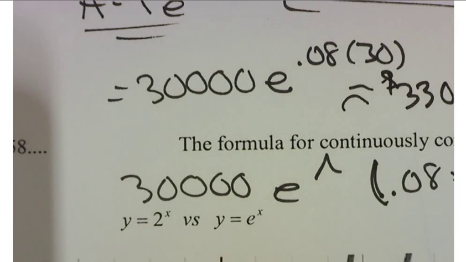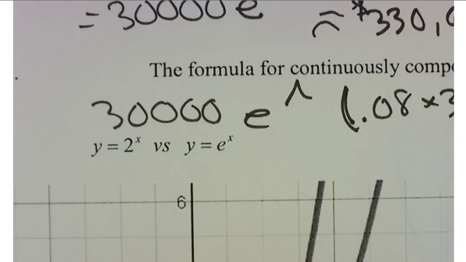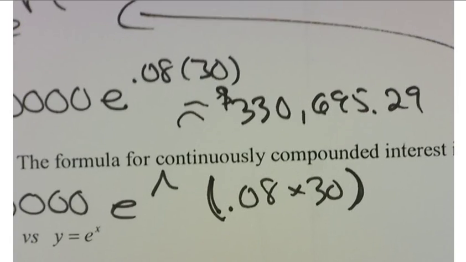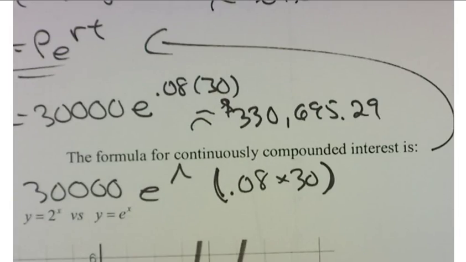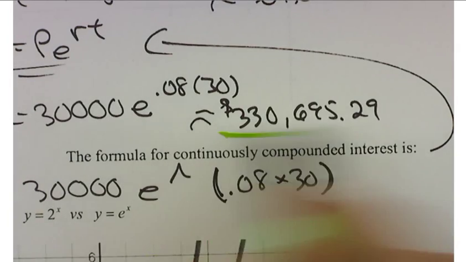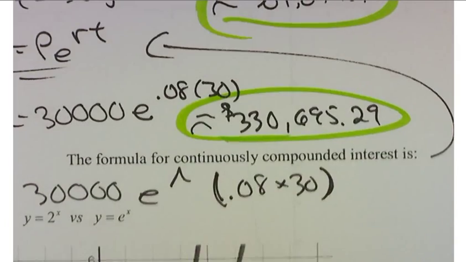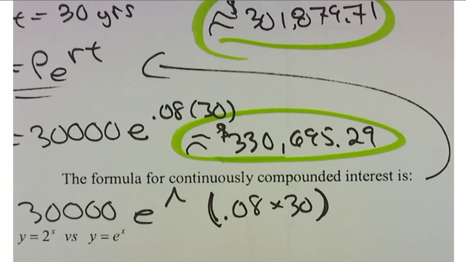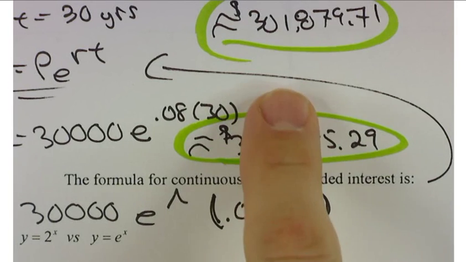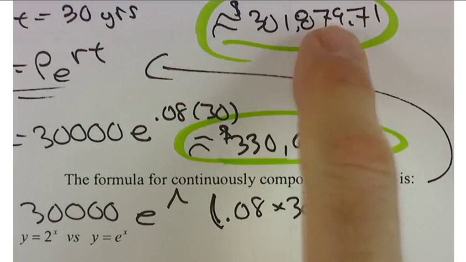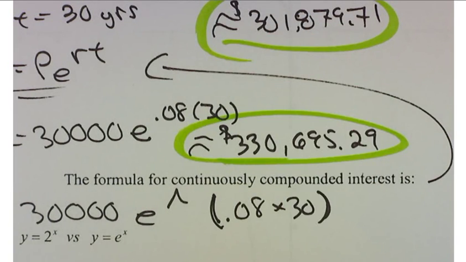So roughly $29,000 more with continuously compounded interest as opposed to what I tend to call simple interest. So here's one, there's the other. The big thing here, though, is to get used to the key for e. Are we okay with those two calculations?